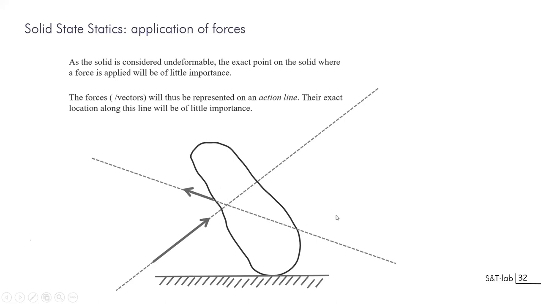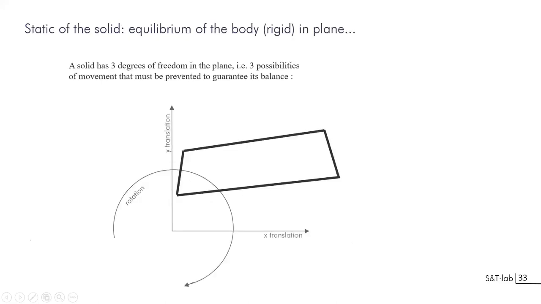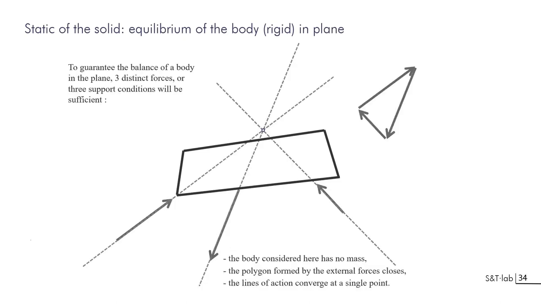To guarantee equilibrium in the plane, you have three conditions to fulfill. You have the translation conditions in the plane, X translation and Y translation, and you have a rotation that can be involved in the equilibrium. So we need at least three components of reaction force, or three forces, to stabilize the system. With graphic statics, you are able to use these forces with their lines of action.